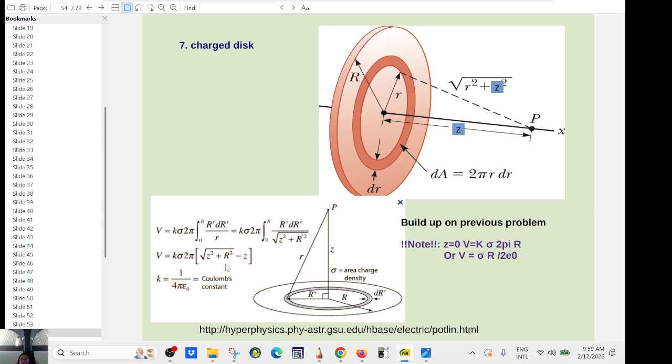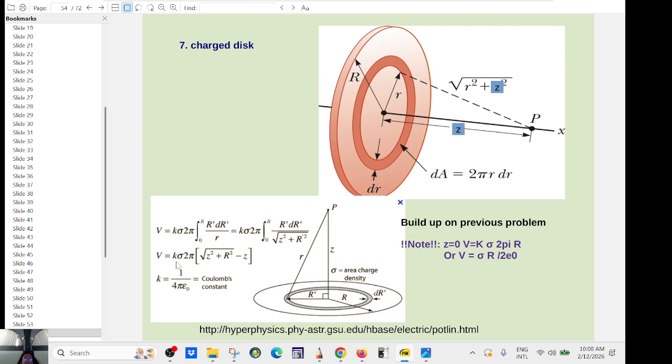So that voltage here is always relative to very far away. So very far away, the voltage equals 0. That will be the voltage as you go closer to the disk. So the voltage will be the work that you have to do to bring 1 coulomb of charge from very far away to very close. And that's the equation that you get.